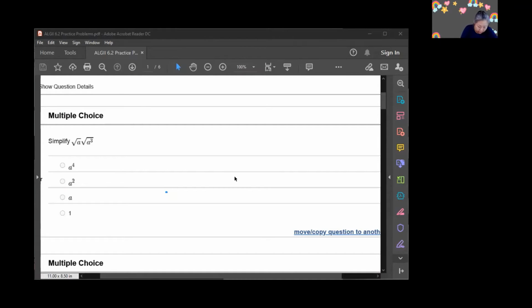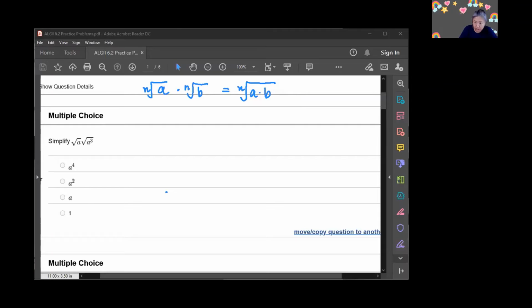So the way it was explained in the video was, if you have the nth root of A multiplying the same nth root of B, then this is the same as the nth root of A times B inside of the radical, right?